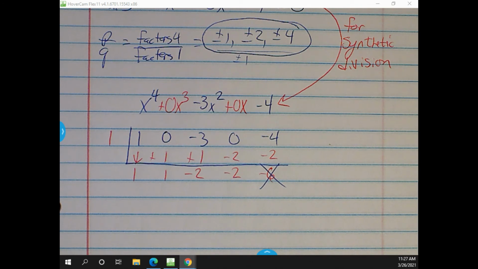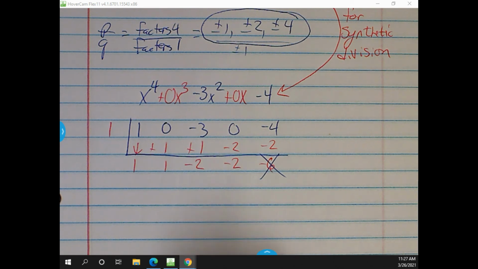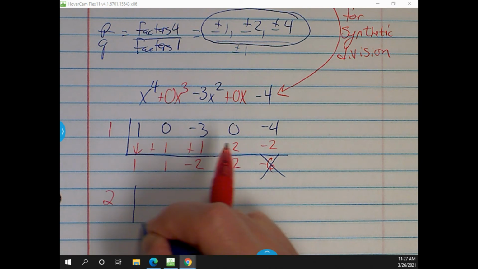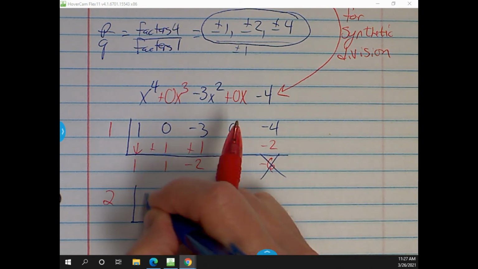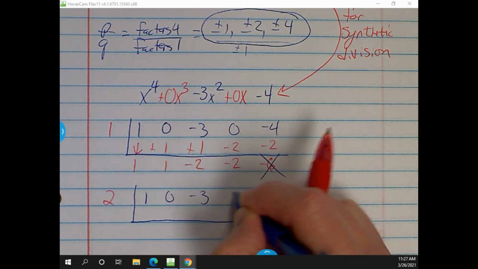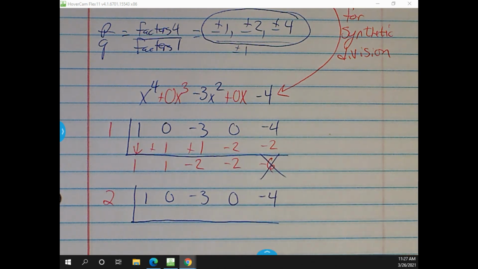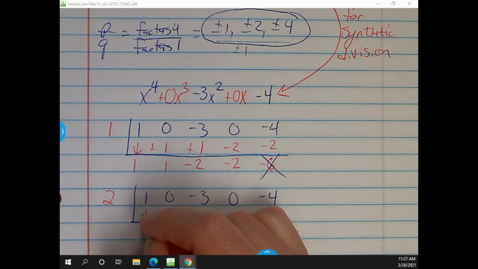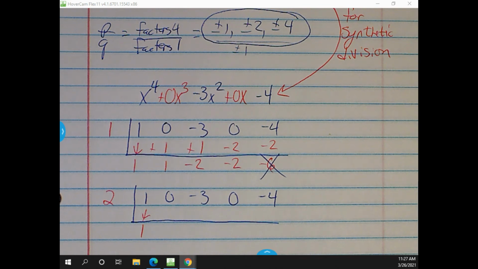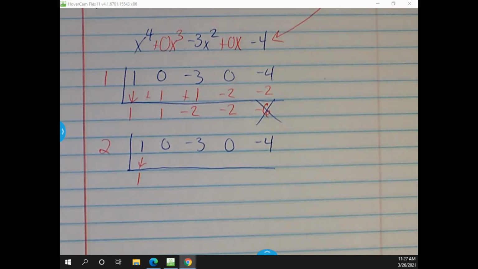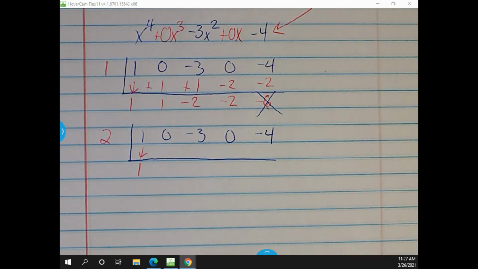All right, I'm going to save us just a little bit of time on this one. If we check -1, it's also not going to work. So we're going to check the 2's and see if those 2's are going to work. All right, so let's check +2. Okay, so same numbers here again.